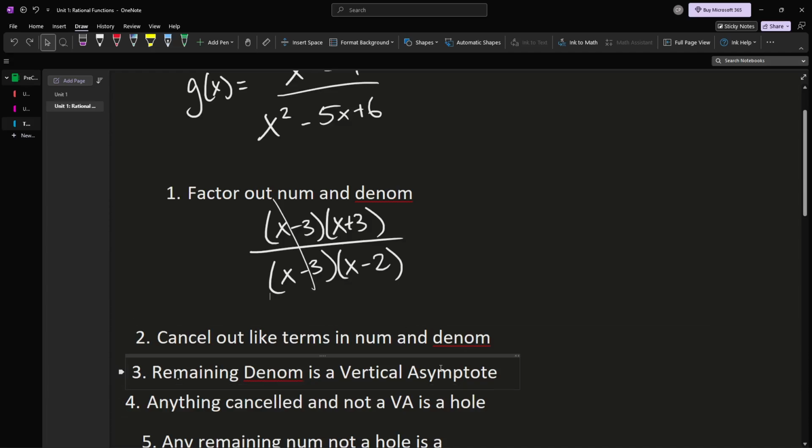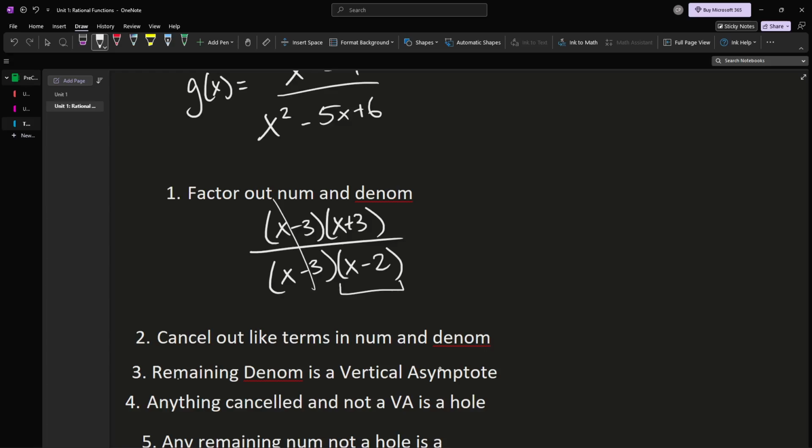Step 3, whatever's remaining in the denominator, whichever value makes that 0 is a vertical asymptote. What I mean by this is, in my denominator, I have my x minus 2 remaining. So I see what makes this 0, because I need my function to divide by 0 to not exist.